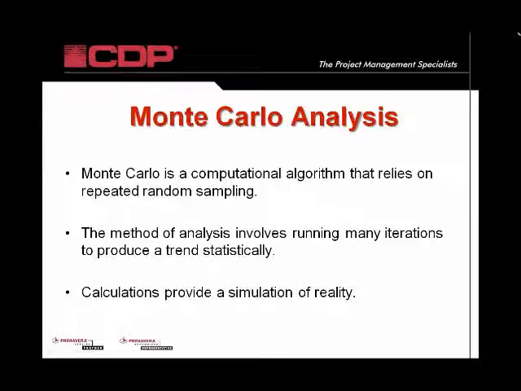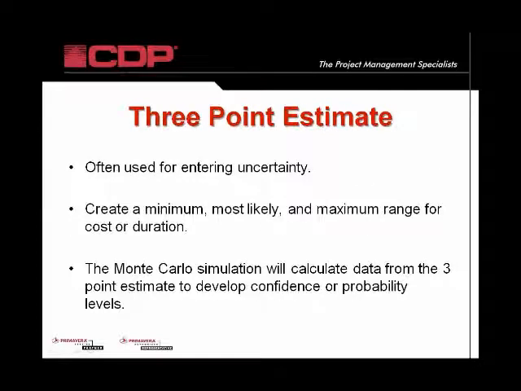A term I may say quite a few times is a three-point estimate. A single-point estimate would be what was in our schedule or what was in our estimate. We said it's going to be 20 days. That's a single-point estimate, a single value. That's our best guess. Often when we're looking at probabilistic information, we're looking at three-point estimates.